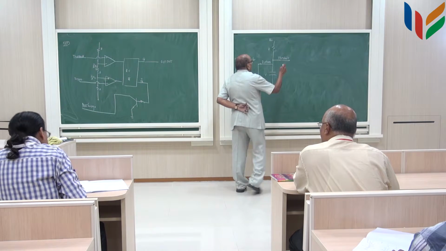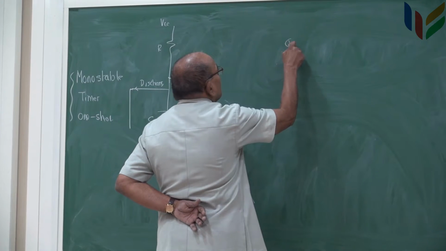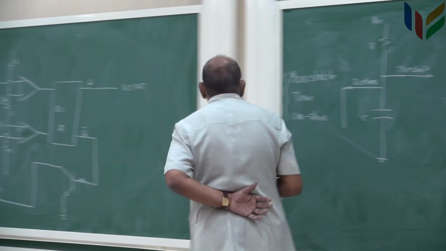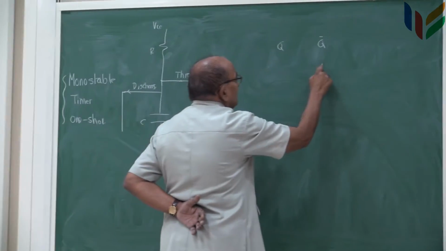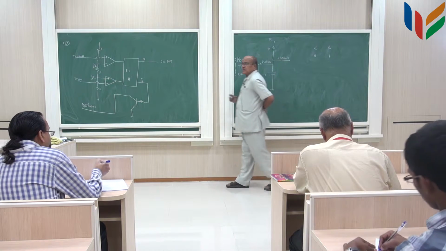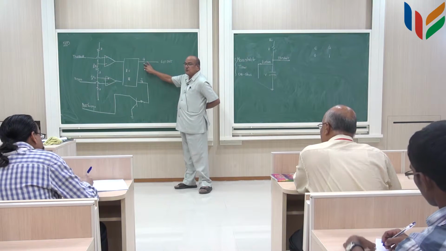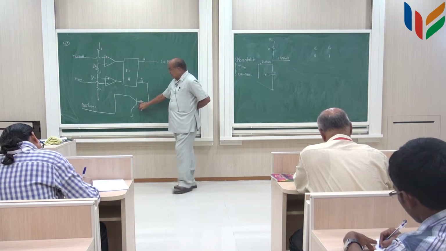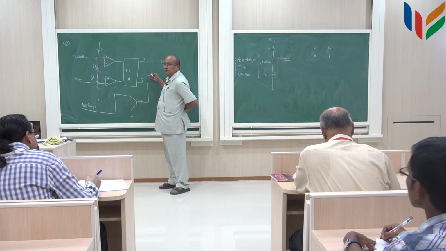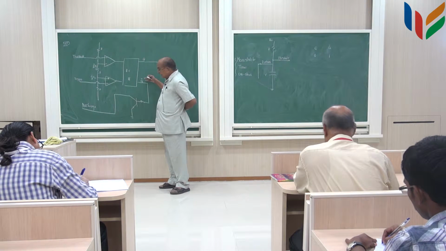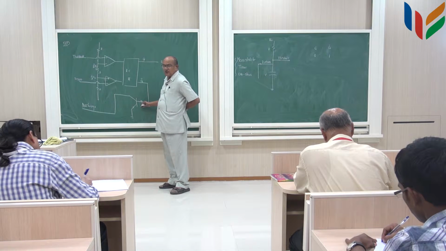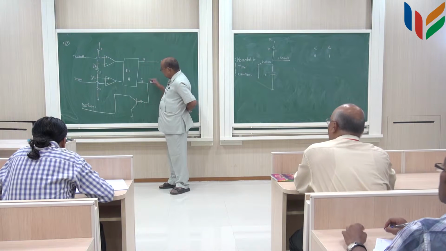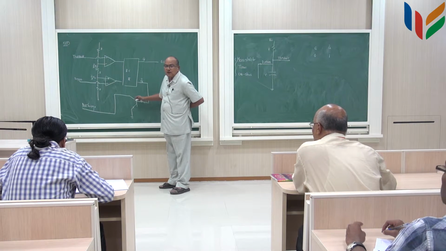Initially, Q and Q bar, which are dual to each other: Q bar is 1 and Q is 0. We will have to justify that, but let us assume this is 0 and this is 1. If this is 1, then 1 means some positive voltage. So this NPN transistor will be saturated, because this voltage through this resistance will provide enough current into the base.